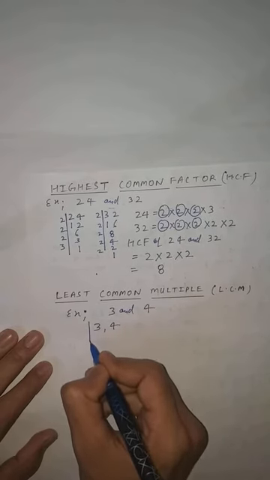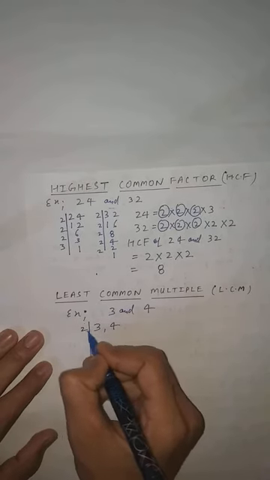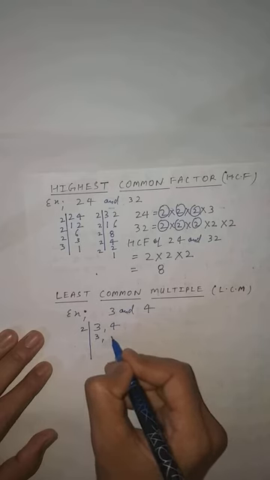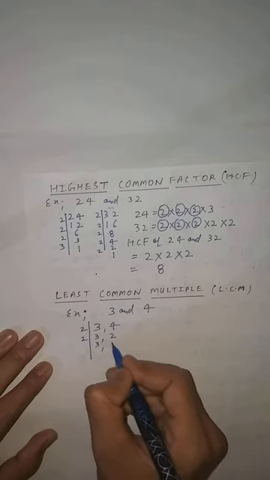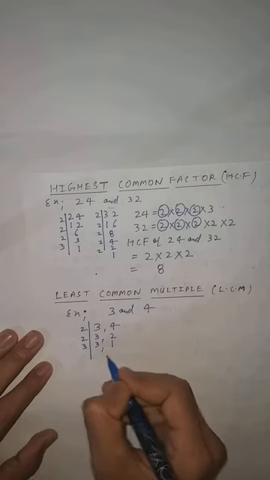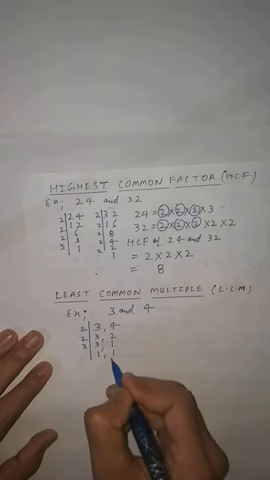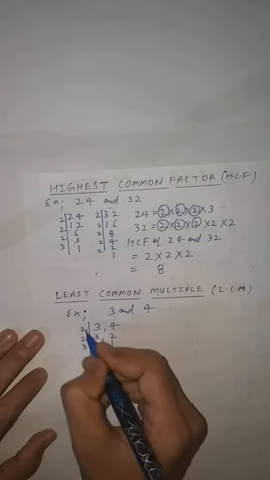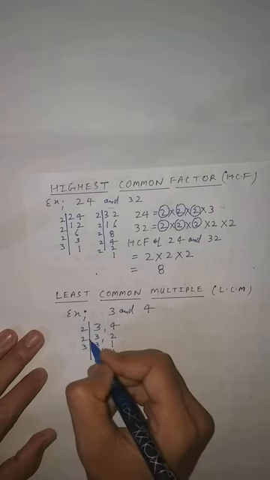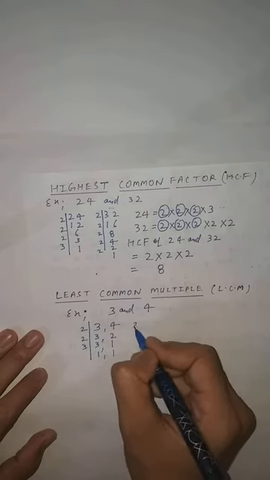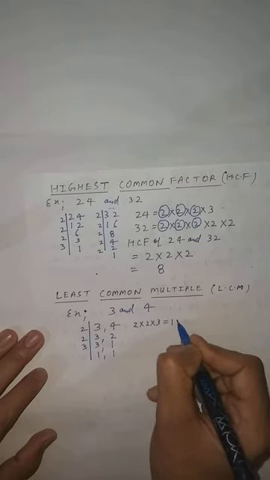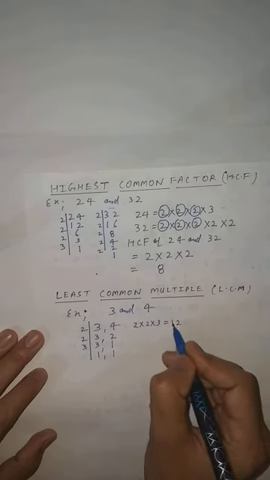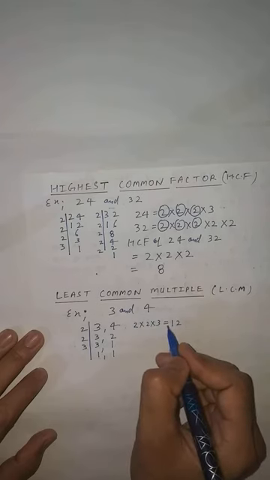So first find the prime factorization. 2 does not divide 3, so write down 3. Then 2 2s are 4, then 2 3s, 2 1s are 2, then 3 1s are 3. In the last, 1 should come. So what is the least common multiple of 3 and 4? This is 2 multiply by 2 multiply by 3, that is 12. So 12 is the least common number which is divisible by 3 as well as 4.